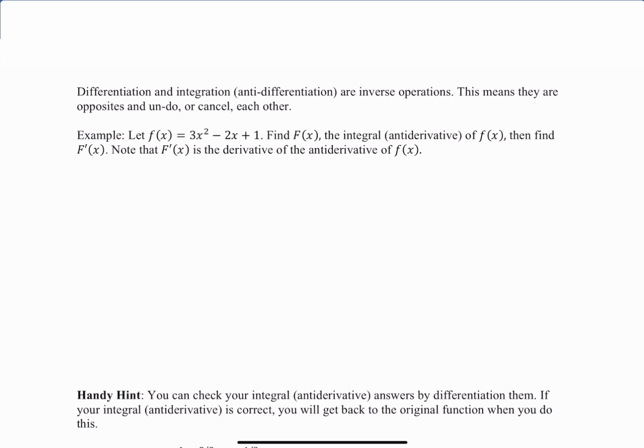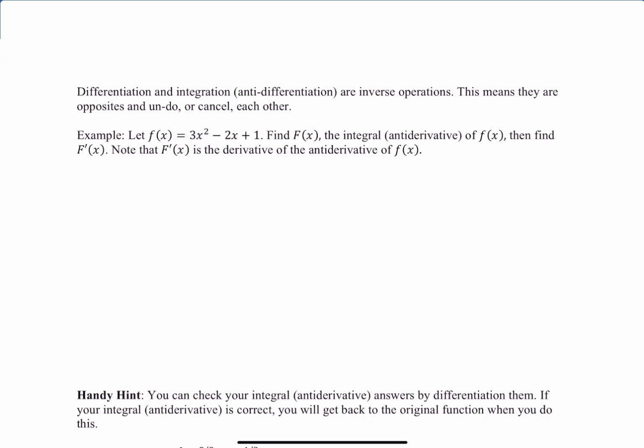Let little f of x be the function 3x squared minus 2x plus 1. We want to find capital F of x, which is the notation that's often used for the integral or antiderivative of little f of x. And then we're asked to find capital F prime.